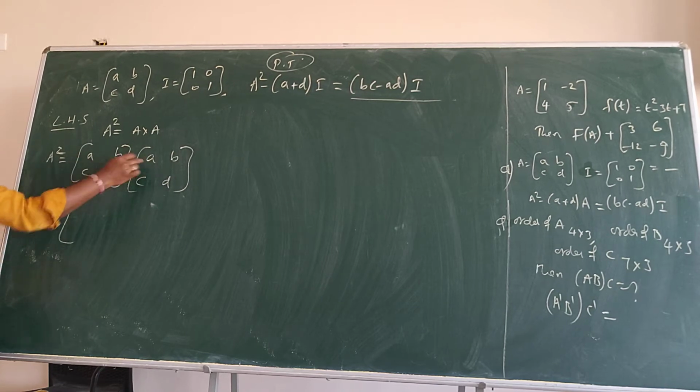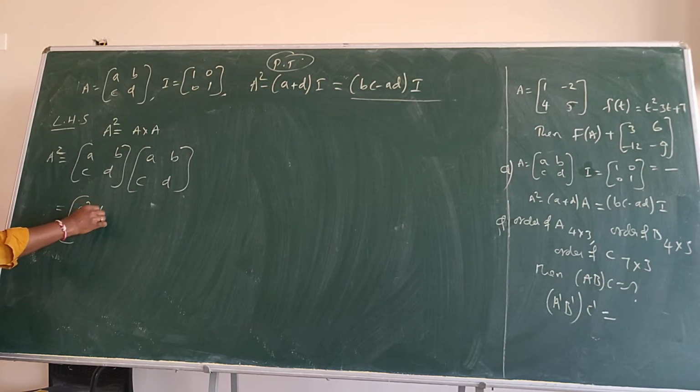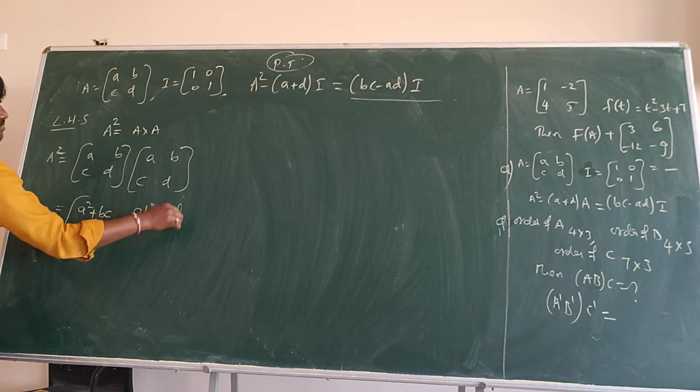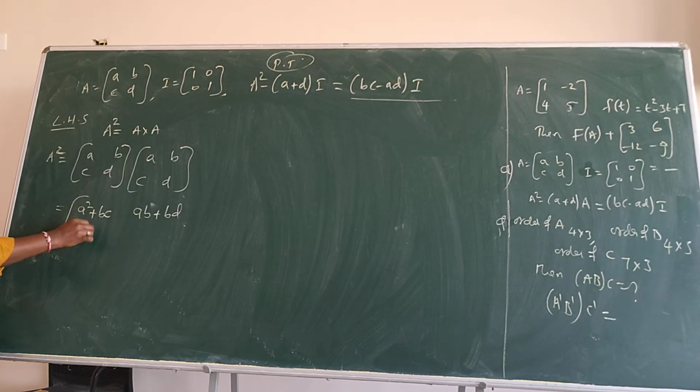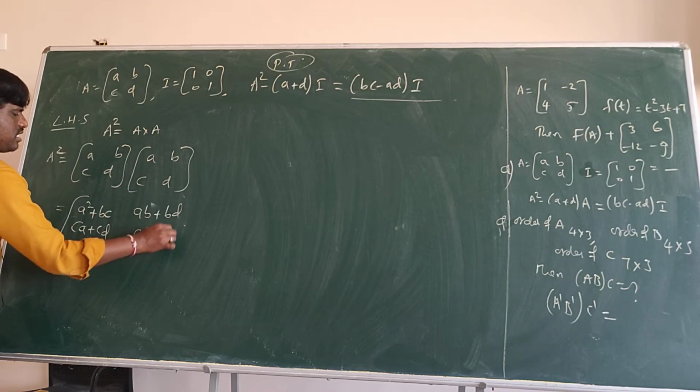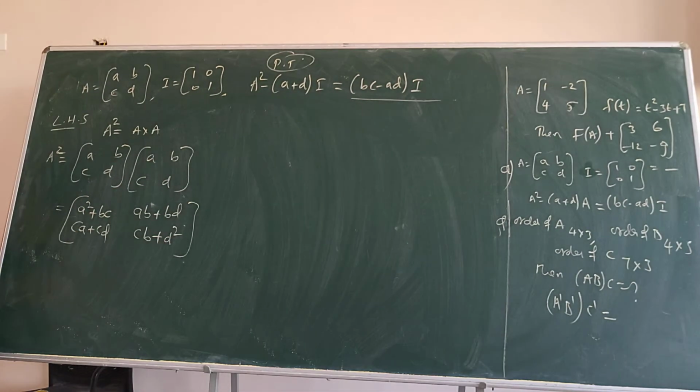What do I get here? A into A, A square plus B into C, BC. A into B, AB plus BD. C into A, CA plus CD. Right, next. CB plus D square. So this is the A square value.